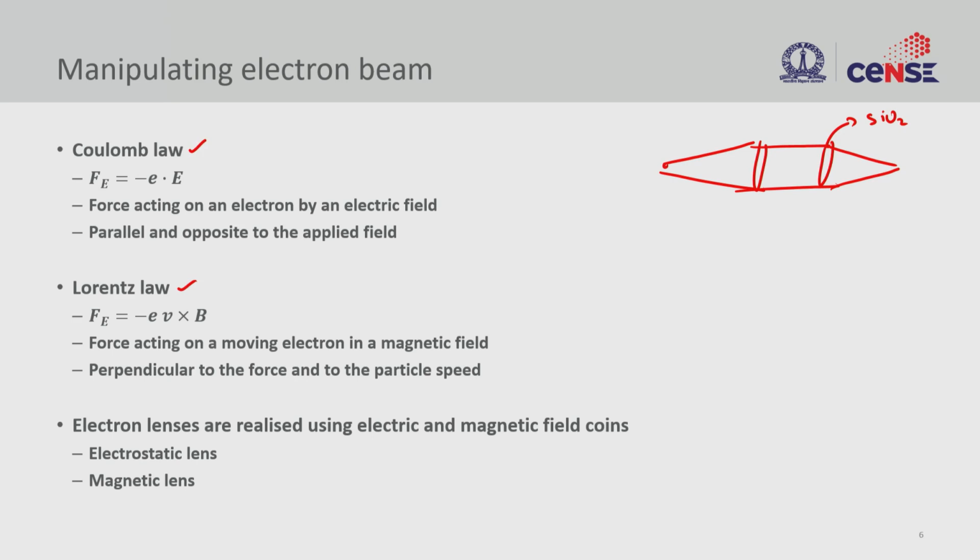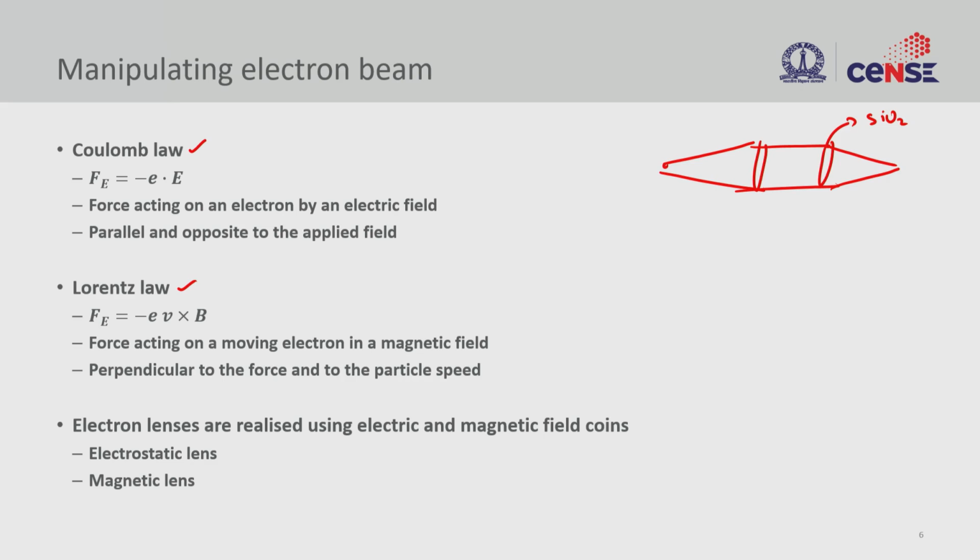We know the force exerted on this particle strongly depends on the field that is applied. If you apply an electric field, you create a parallel and opposite force on the electrons, while applying a magnetic field will create a perpendicular force with respect to the electron propagation direction.